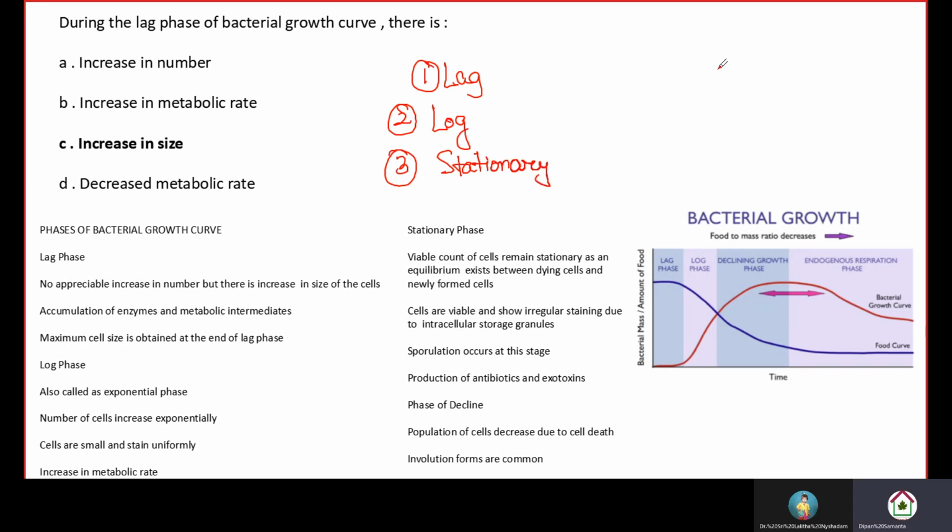And number four, decline phase. So first of all, lag phase. Number one, no appreciable increase in the number of bacterial cells occurs. No significant increase in number of cells.